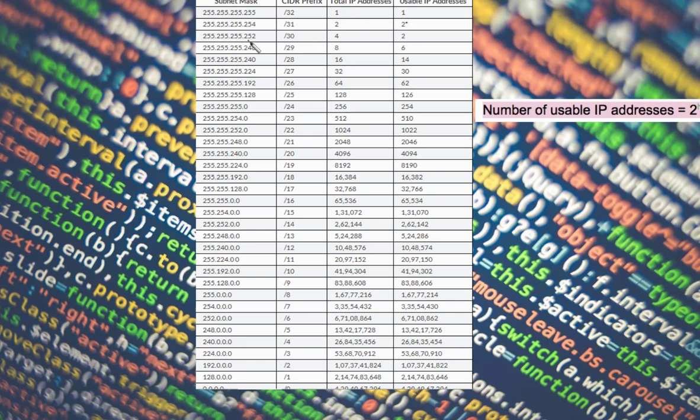If I take the subnet mask 255.255.255.240, the CIDR is /28, so the total IP addresses are 16, but usable IP addresses are 14. We subtract 2 and we get this. This sheet is helpful. I will share it in my description box, so you can refer to it.